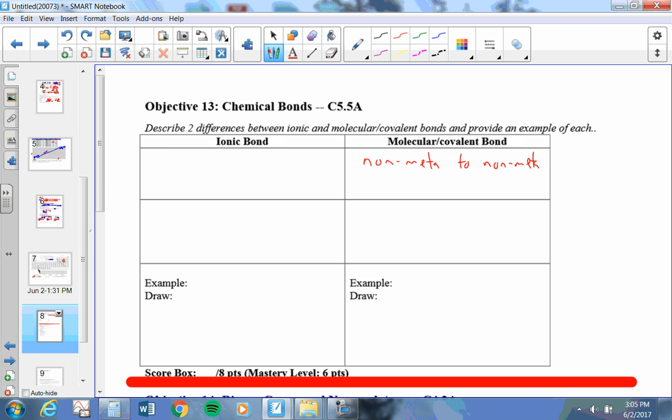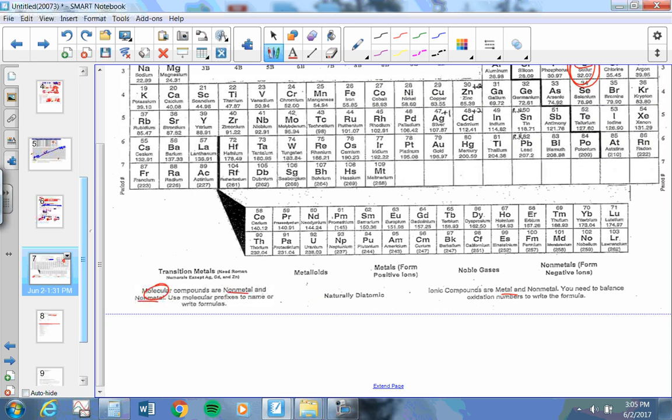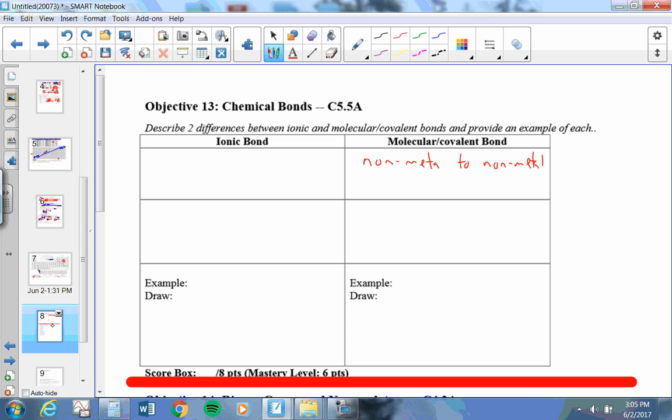There's one difference. And what else could I say? The other, like ionics, are metal to non-metal. And when we drew these, or when we make formulas, we know that positive charges stick to negatives if we're dealing with an ionic bond.